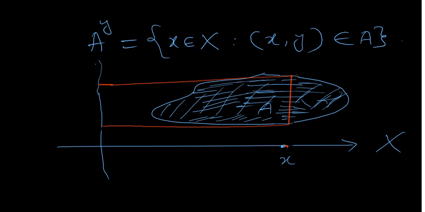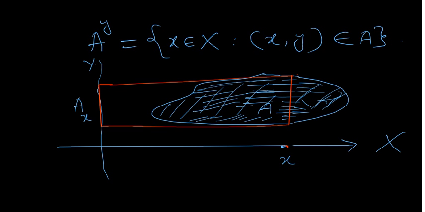Now this one is Ax. Actually, Ax is this, it's a subset of y. This is y here, this is the set y here, and that's our Ax, which is a subset of y.